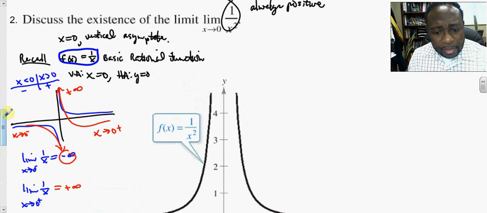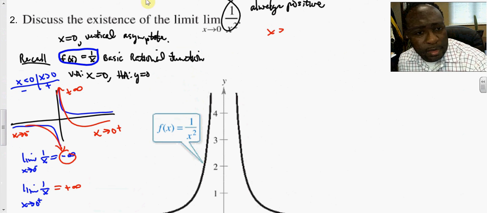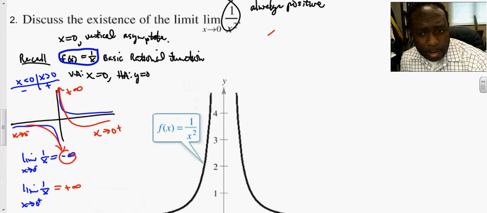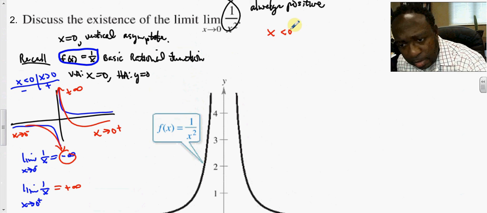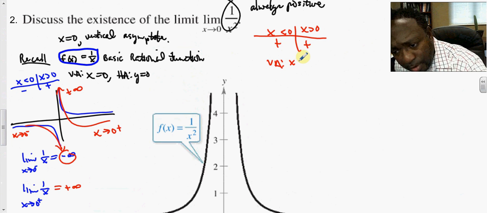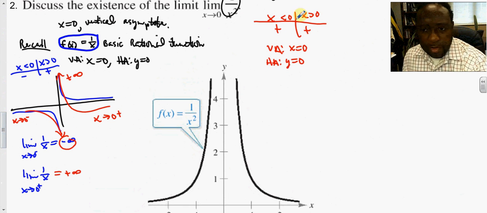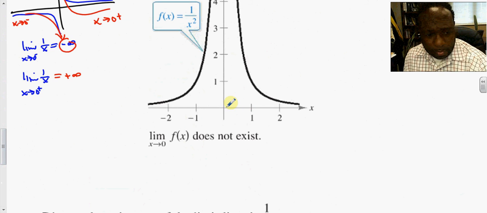Now coming back to this particular function, when x is less than 0, the function is positive. When x is greater than 0, the function is positive. The vertical asymptote is x equal to 0. The horizontal asymptote is y equal to 0. And so the graph that we get here, the function is always positive, so it's always above the x-axis.